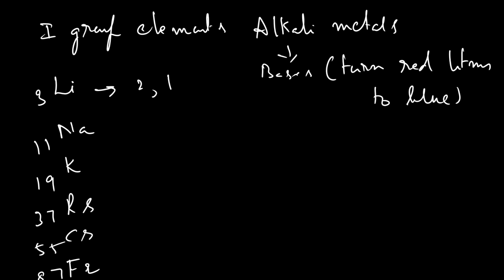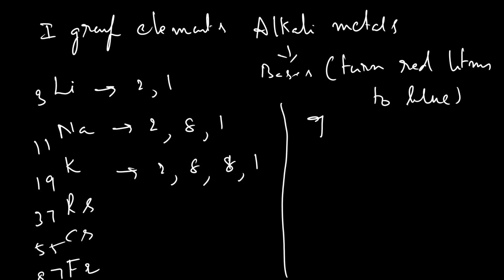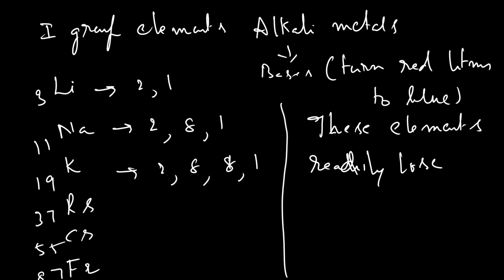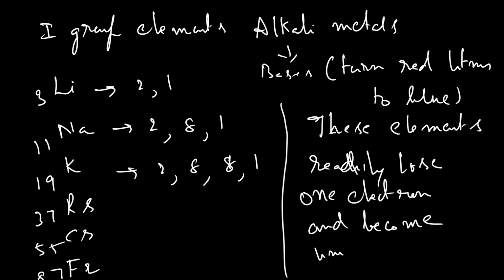So here the configurations are 2 1, 2 8 1, and 2 8 8 1. Therefore, these elements readily lose 1 electron and become uni-positive ions.